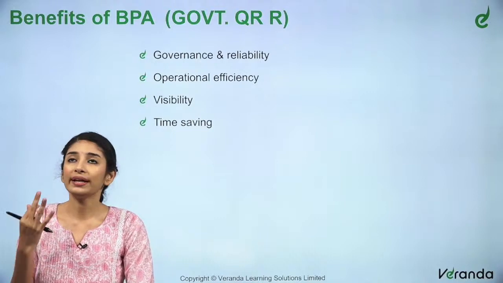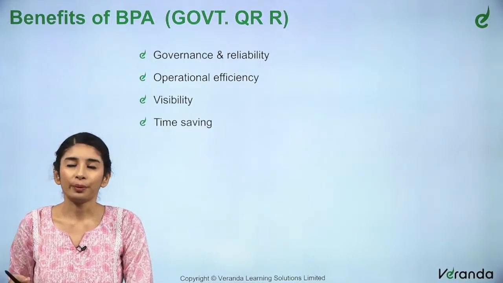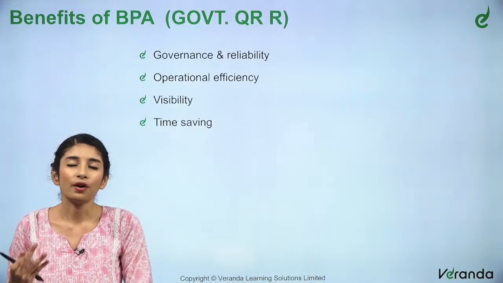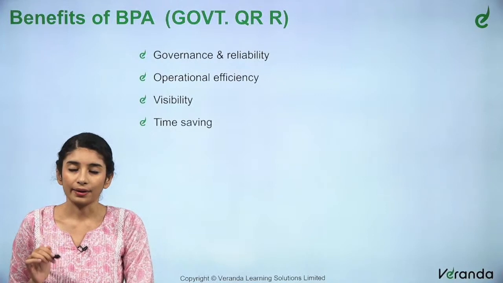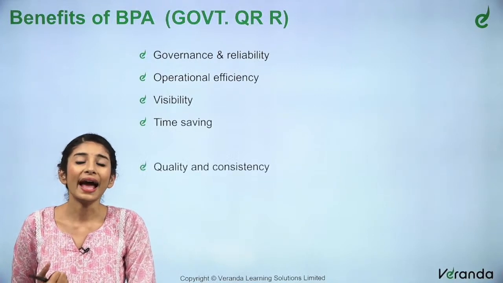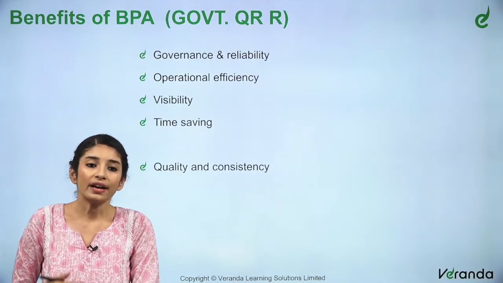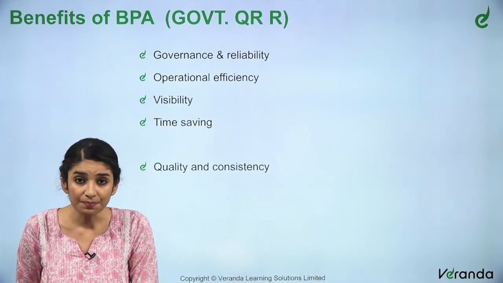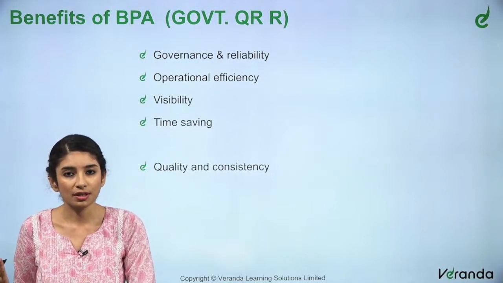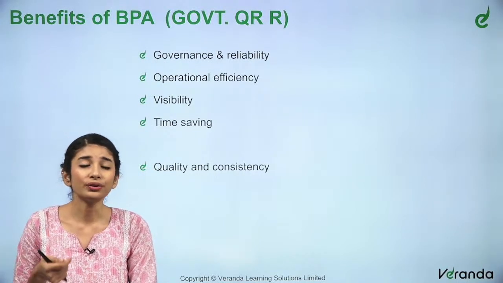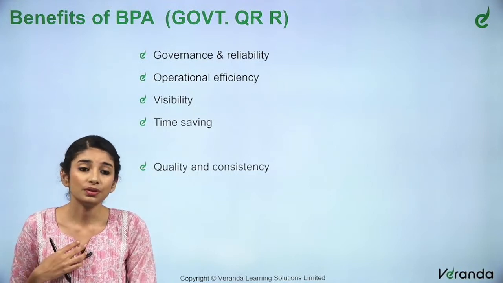So, GOVT: governance and reliability, O for operational efficiency, V for visibility and T for time saving. QRR. Q stands for quality and consistency. If I go to an ATM and withdraw money, versus the chief minister or a famous actor going to the ATM to withdraw money, will the process be different for them versus for me?